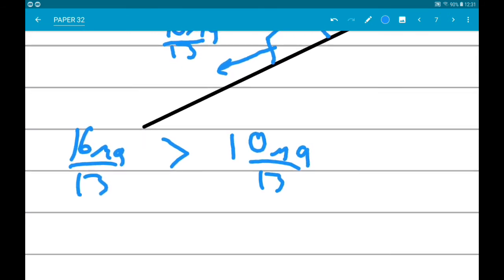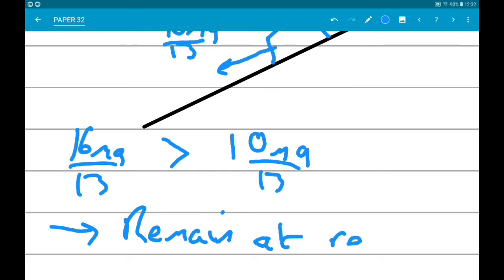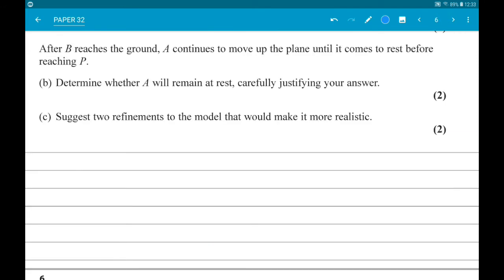Therefore, it will remain at rest. Part C: suggest 2 refinements to make the model more reliable. There's loads: take into account the dimensions of the blocks, air resistance, the mass of the string, friction on the pulley, anything like that.